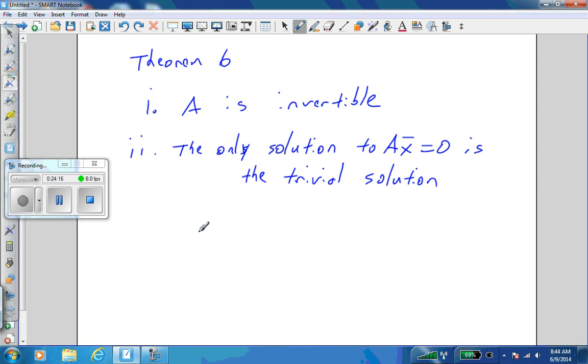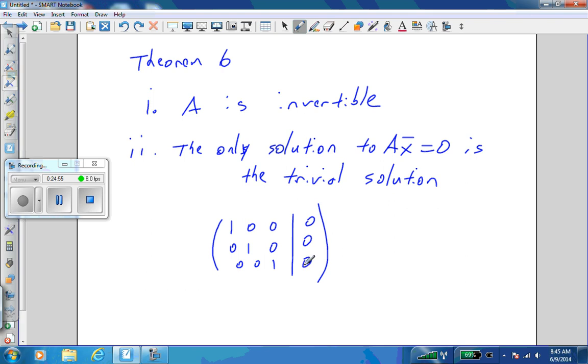Now, if you think about that, in order for A to be invertible, then when we take A in augmented form, we have to come up with the identity matrix on the left. Now, if we can do that, think about what would happen if we solved the homogeneous system with A. Then we would come up with that. If we come up with this, that means we only have the trivial solution.